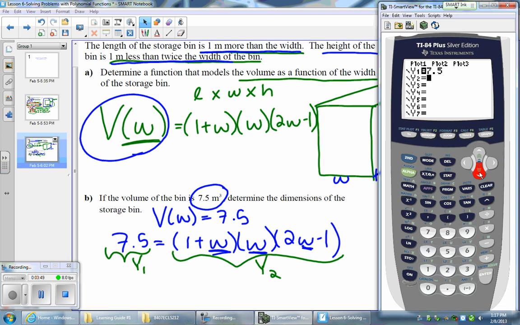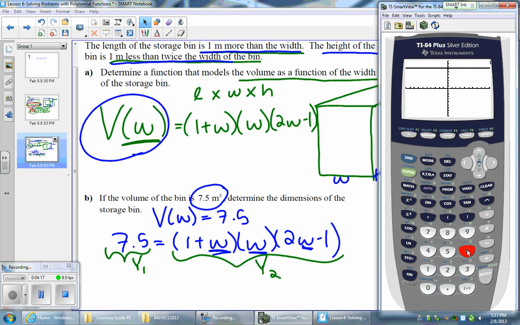Then in your y2, you're going to put 1 plus x times x times 2x minus 1. We can't put w's in the calculator, so we let w be represented by x. We'll try a Zoom 6 standard for now.